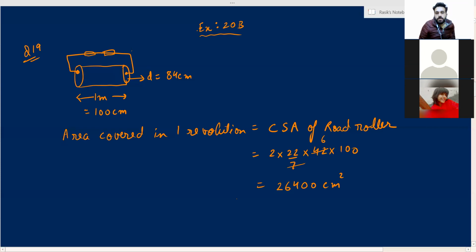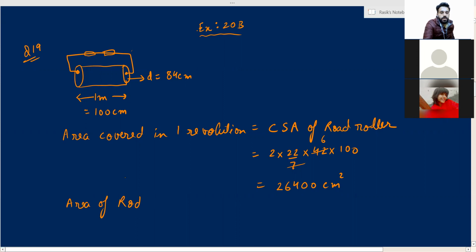Now, this is the curved surface area. That means if it is rolled one time, the area covered is 26400, but we are revolving it 750 times to cover the whole road. So area covered in 750 revolutions is equal to the area of the road.